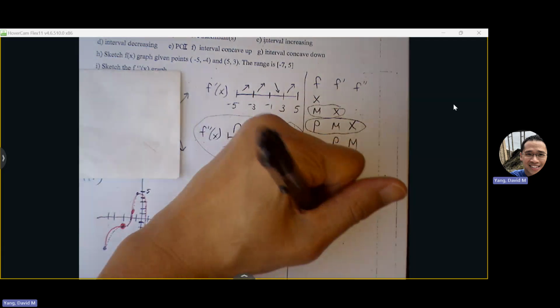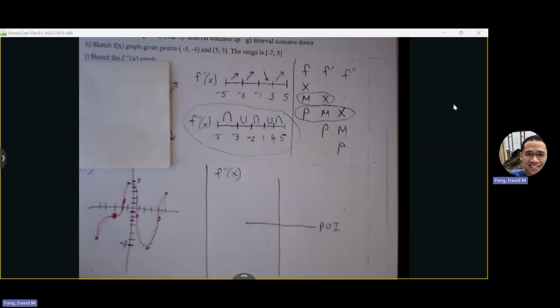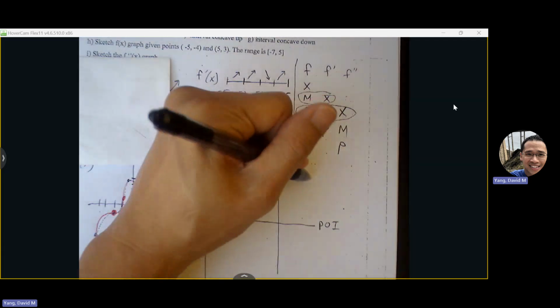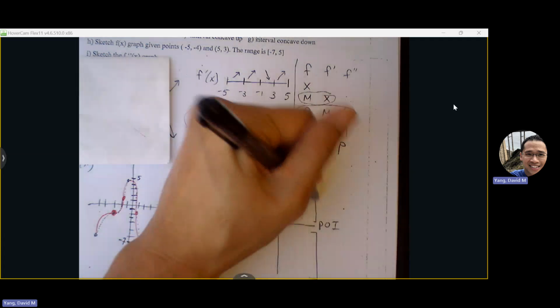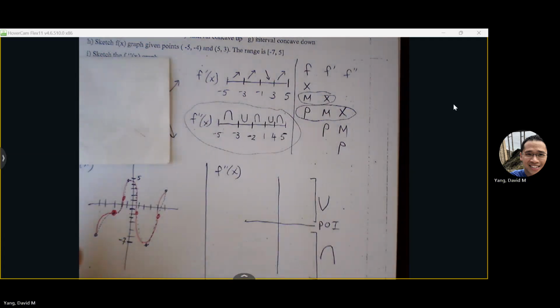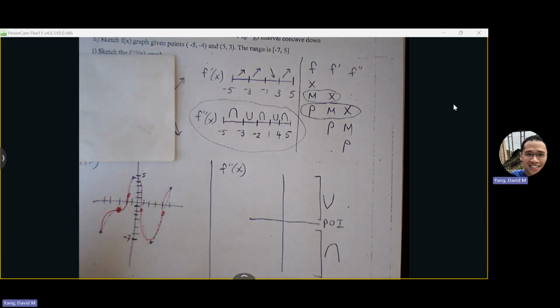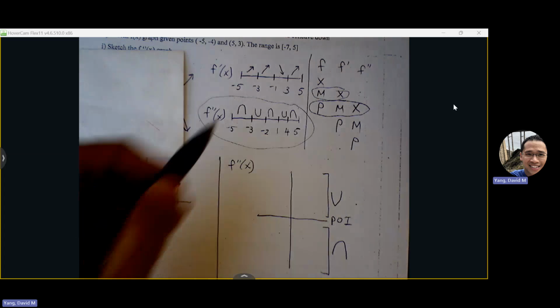So your point of inflection will land on the x-axis if it's f double prime. Above is concave up, below is concave down. And your f double prime graph should look the simplest out of the three. It should have the least number of curves. So just keep that in mind.